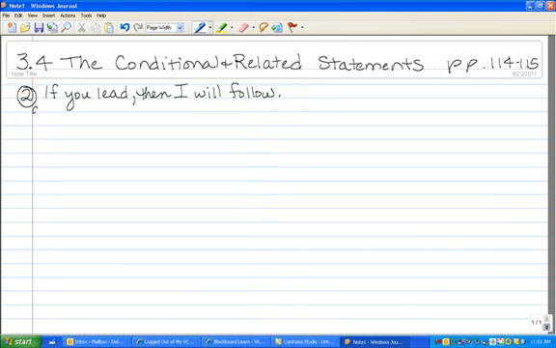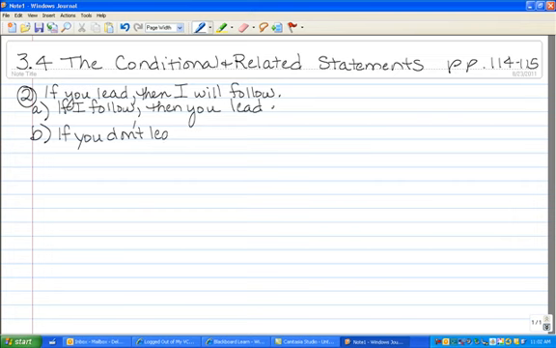So in part A, they want a converse. Converse is switching the 2 around. If I follow, then you lead. The inverse is where we insert negation. So if you don't lead, then I won't follow.